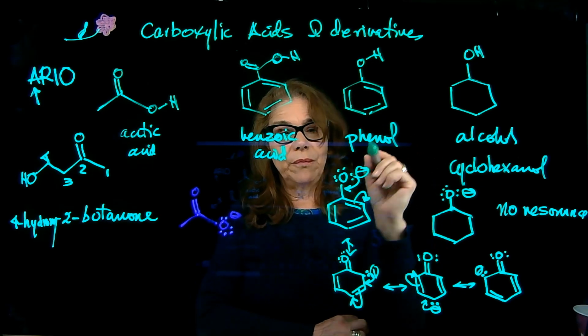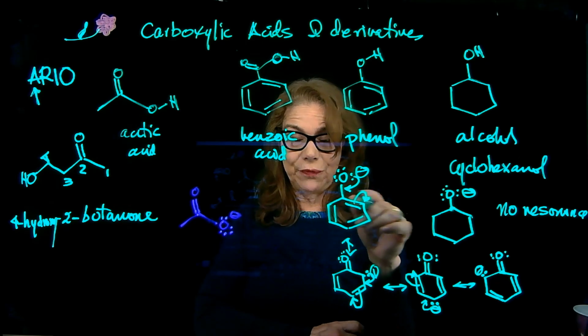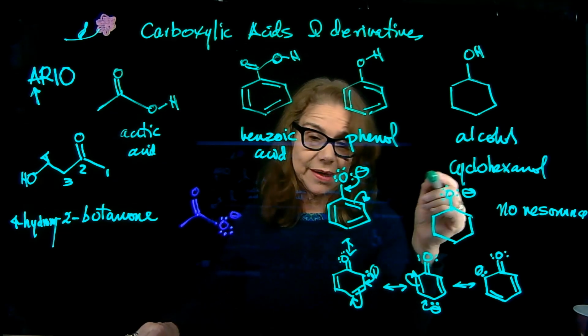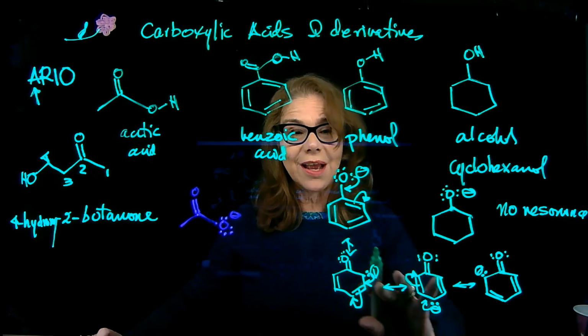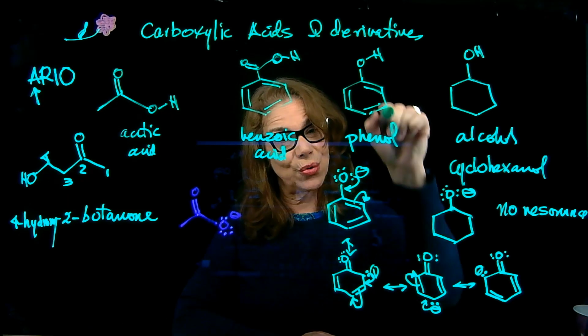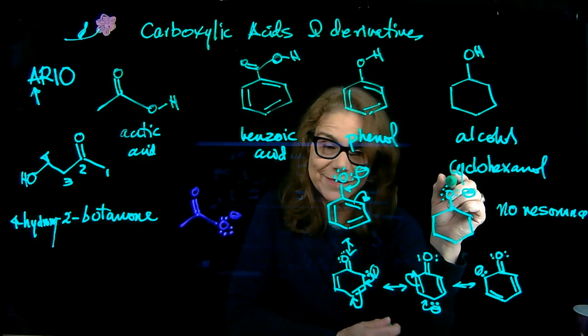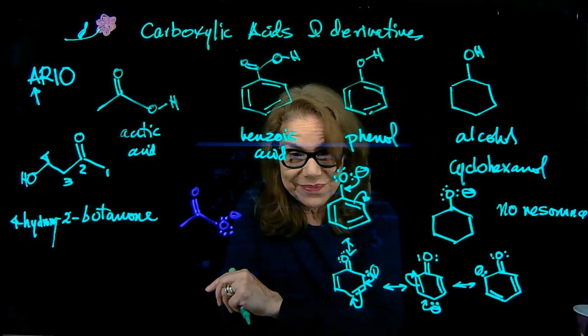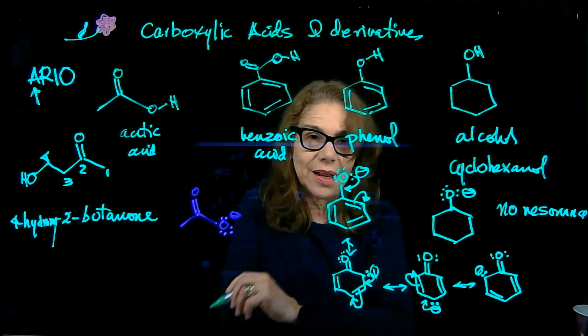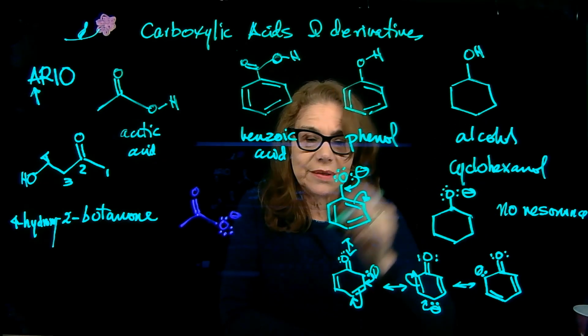So because the phenolate, the conjugate base, can stabilize that negative charge, it is a more stable conjugate base, therefore a weaker base. So phenol is more acidic. The more stable the conjugate base is, the more acidic the compound we were initially analyzing. So phenol is more acidic than the alcohol.